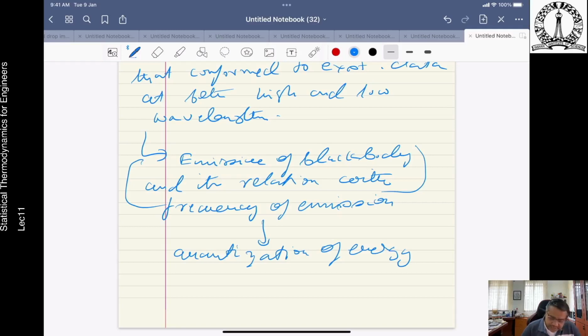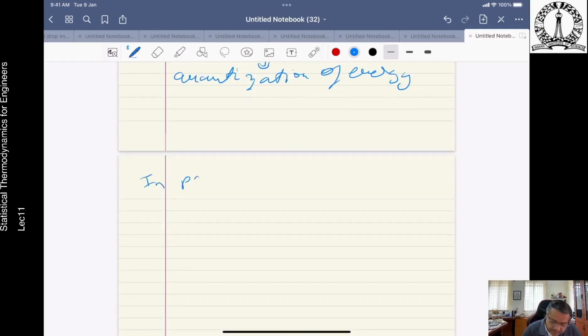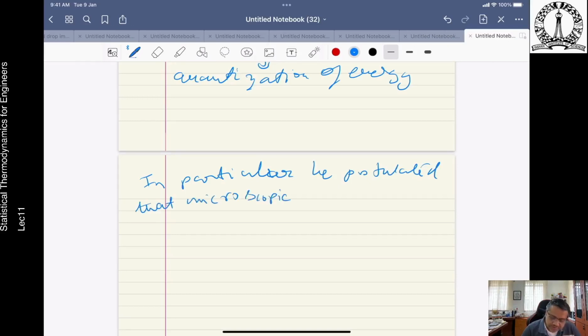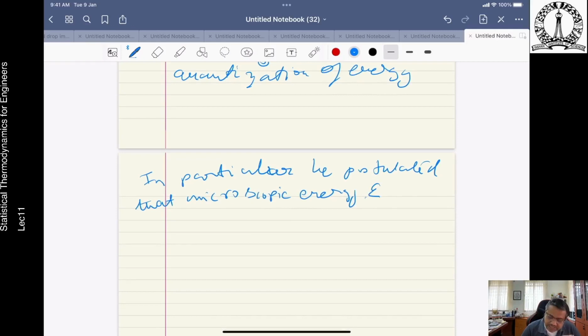So what he did, in particular, was postulate that the microscopic energy emitted at a given frequency, let's call that E, and emitted at a frequency, let's call that gamma, are proportional to each other, such that this energy is given as n h gamma.